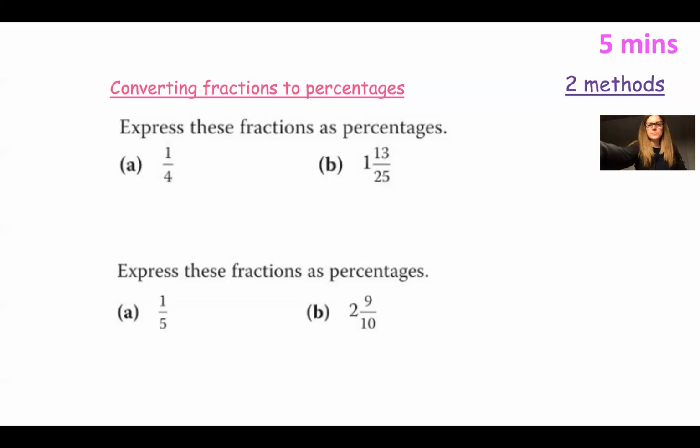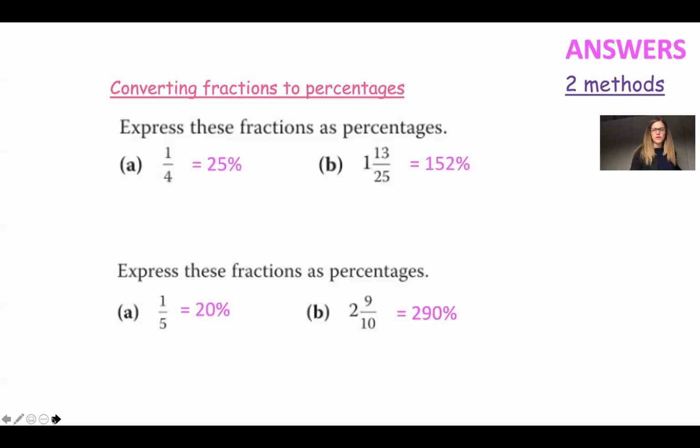Time's up. Let's take a look at the answers. 25%, 152%, 20%, and 290%. So again, those two different methods, equivalent fractions and division.